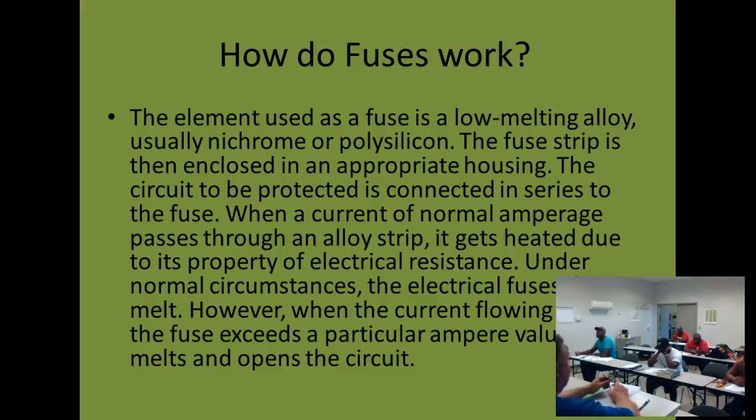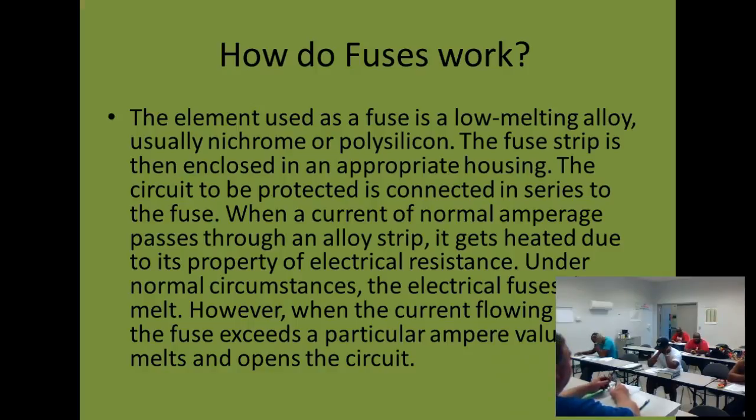How many test leads do you have? 2. Okay. So how many places can you take a voltage reading across? 2, right? I mean, you don't have 3, you don't have 1. You're reading a difference between point A and point B with your test leads.